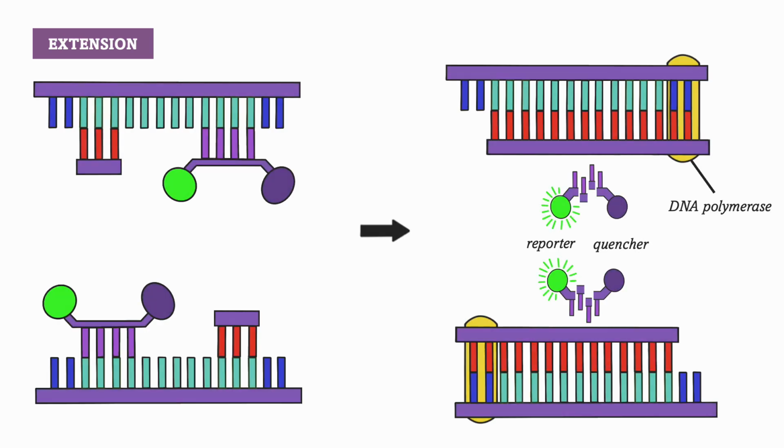As DNA polymerase synthesizes the new DNA strand, it cleaves the probe, which separates the quencher from the reporter, and as a result, the reporter starts emitting fluorescent light. And once again, the more DNA product we have, the more fluorescent light there is.